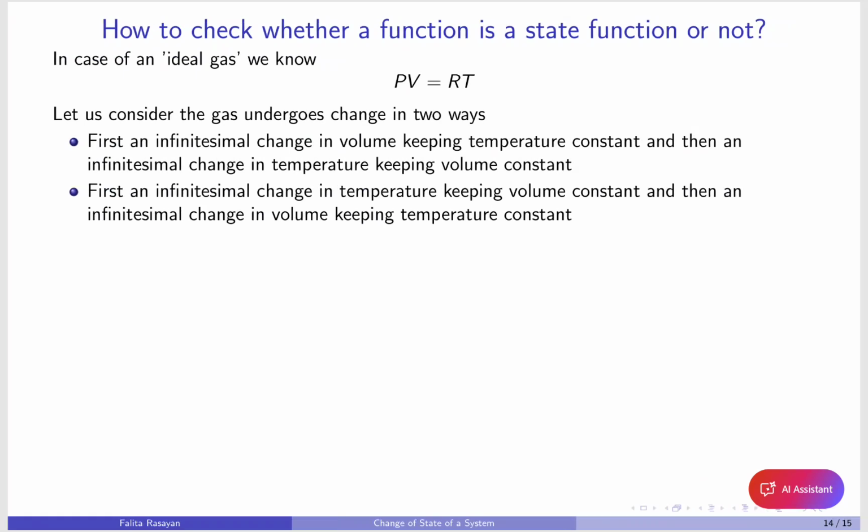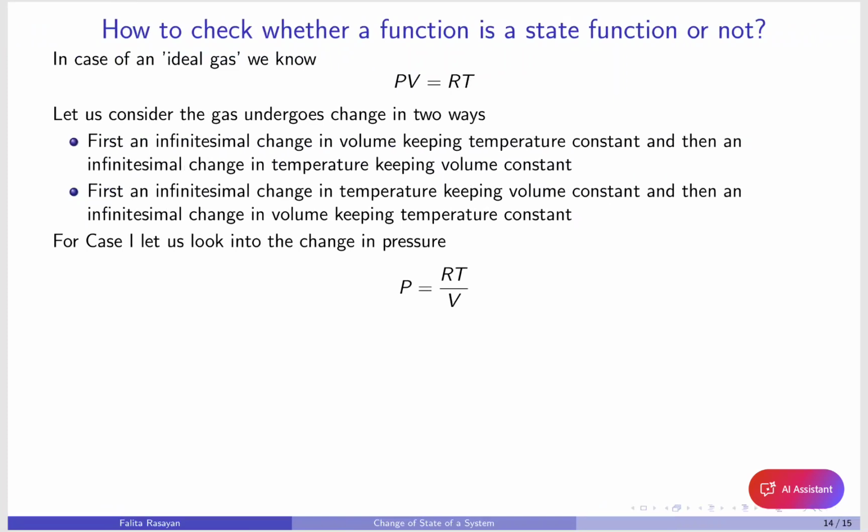Again, we can first start with an infinitesimal change in temperature keeping volume constant, and then an infinitesimal change in volume keeping temperature constant. So we are following two paths for a system, or rather a change of state of a system.